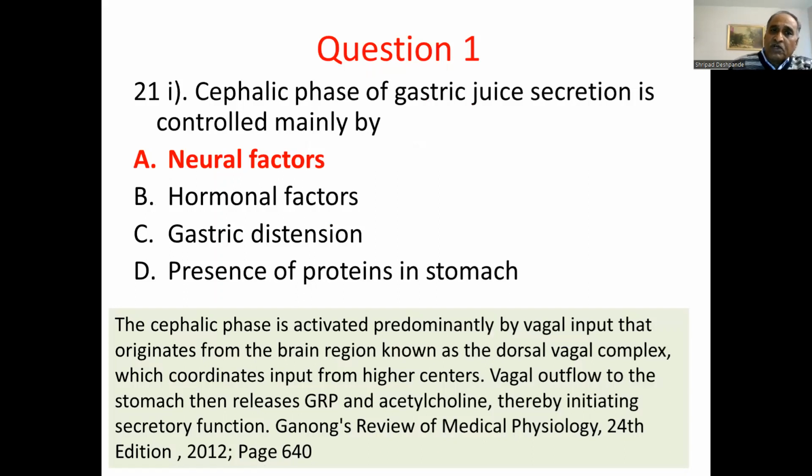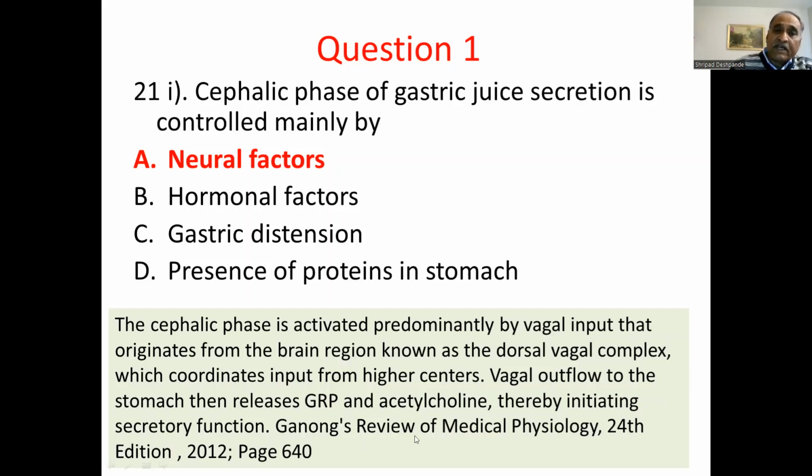Therefore, the cephalic phase is activated predominantly by vagal input that originates from the brain region known as the dorsal vagal complex, which coordinates inputs from various higher centers. The vagal outflow to the stomach then releases GRP, gastrin-releasing peptide, and acetylcholine, thereby initiating the secretory function.